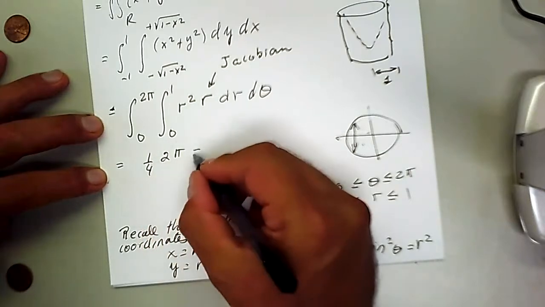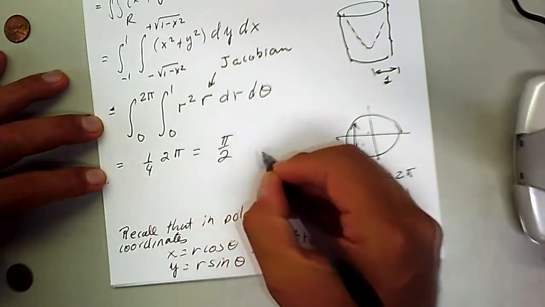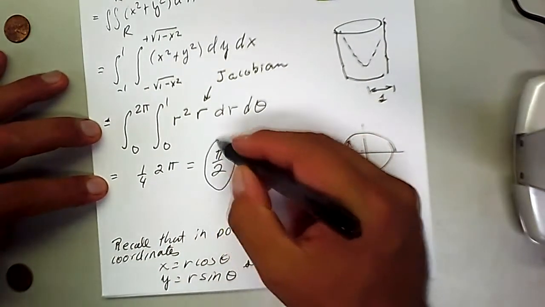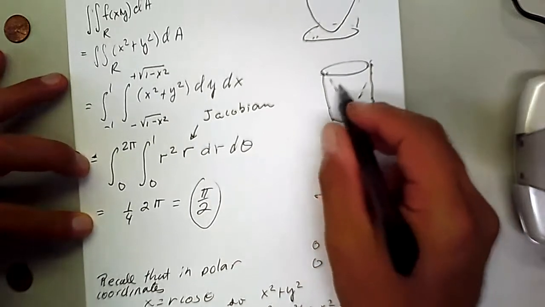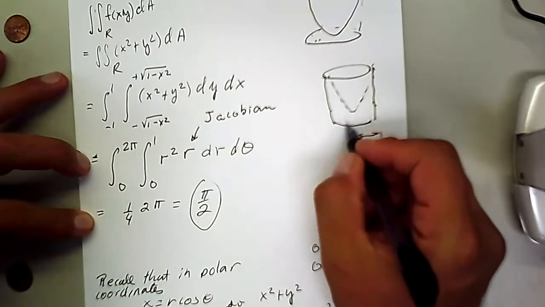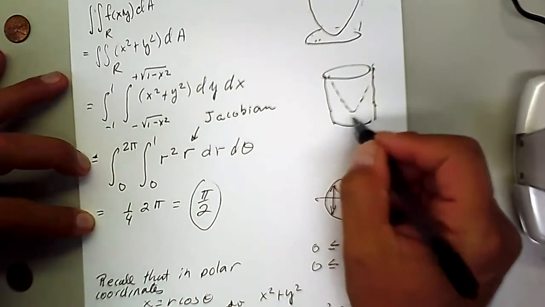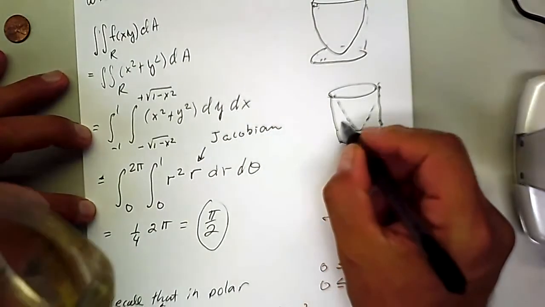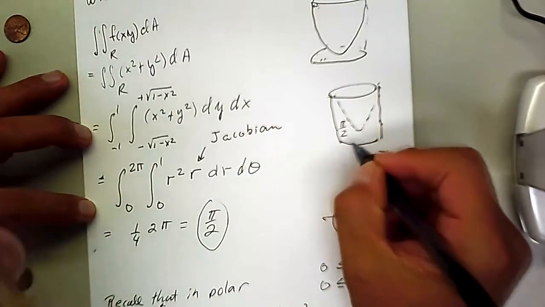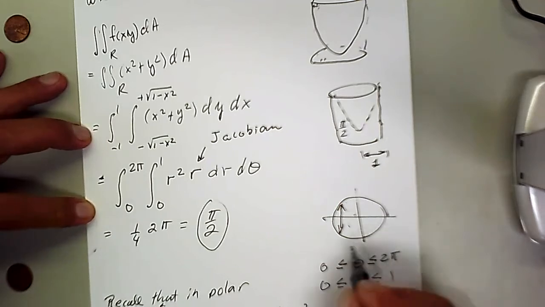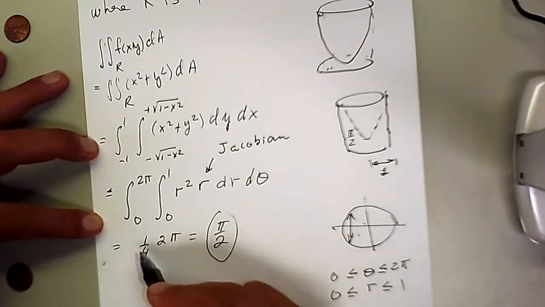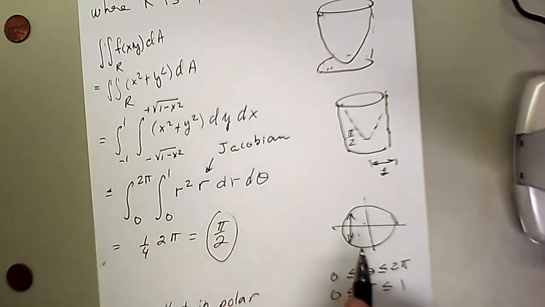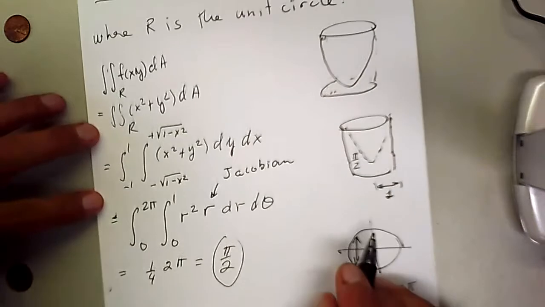So 1/4 times 2 pi gives us pi over 2. This is the volume under the paraboloid within the unit circle. That's the volume, pi over 2 exactly, no more, no less. And again, the integration was very smooth.